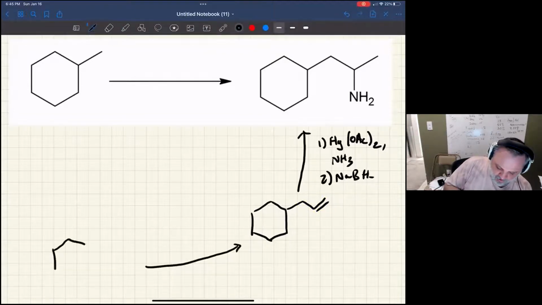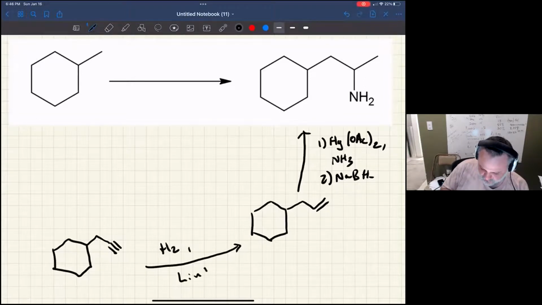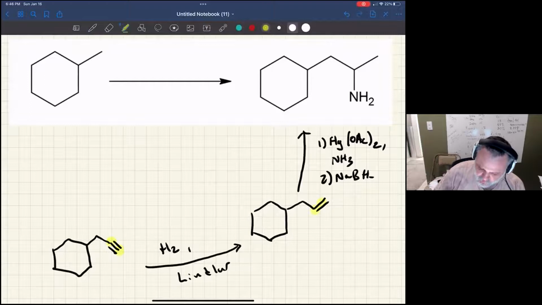If I start out with an alkene or an alkyne, then I've got my 7 carbons. Now I have to use a poisoned catalyst. It doesn't matter which one because there's no stereochemistry, but I do have my extra 2 carbons.